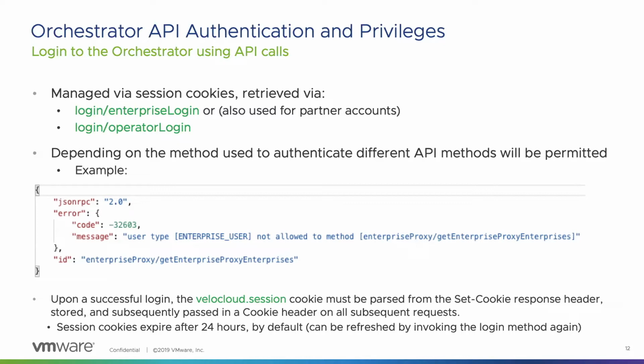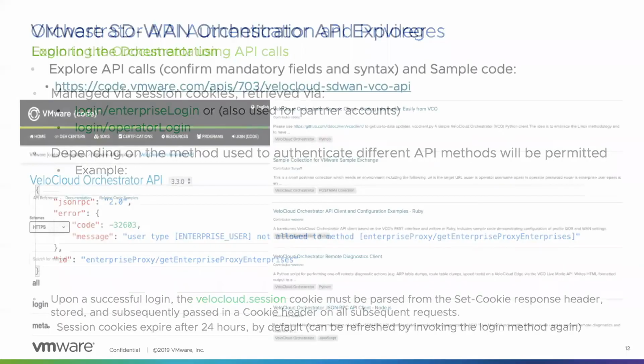So you get that kind of error message. Anyway, once you authenticate, you're gonna get a session cookie, and you can use that for further requests, right? So you just save that, and that cookie is gonna be available for you 24 hours, and you can just reuse it in your next day. You don't have to authenticate for every single request.